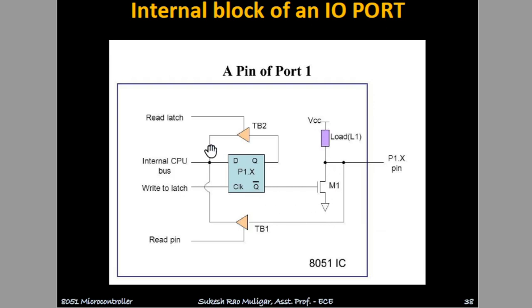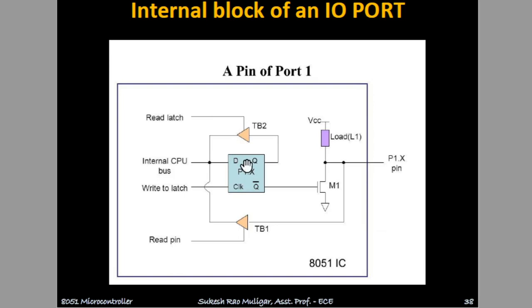Now what happens here? When you are writing something, a logic 1 or 0, the signal will be given to this clock. So whether it is read or write depends on the operation. Whenever it is write, this will be activated. Whenever you are simply reading the latch output, then this will activate.